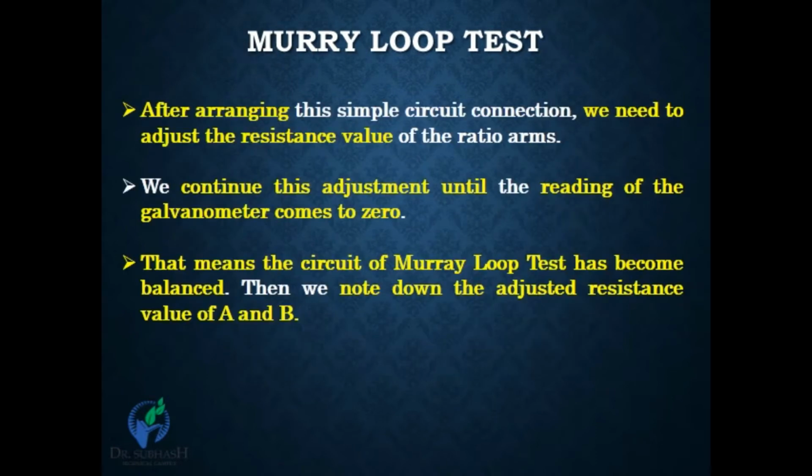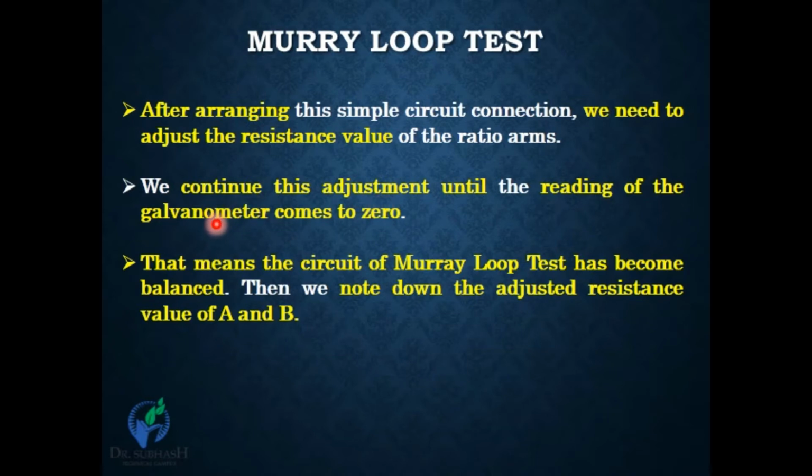After arrangement of the circuit, we need to adjust the value of both resistors A and B in both arms. We change the value of the resistances until the reading of the galvanometer becomes 0.